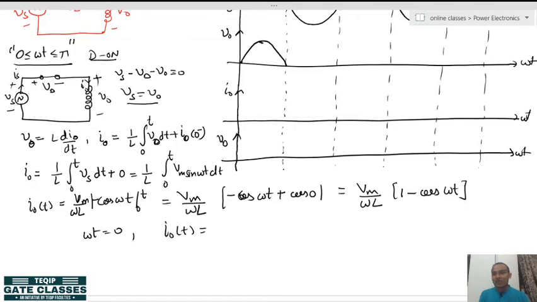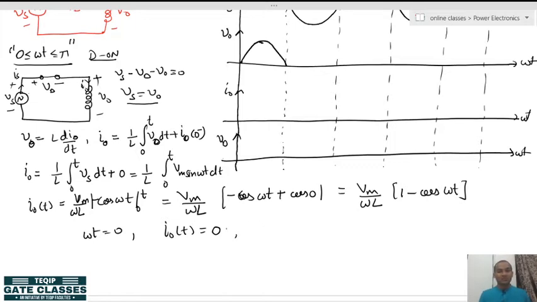If you write omega t equal to 0, you get 1 minus 1, which is 0, so the load current will also be 0. That is true. We know that an inductor does not allow any instantaneous change of current, and at the starting of the circuit my load current was 0. That is the fact. Now this mathematical expression is proving that.